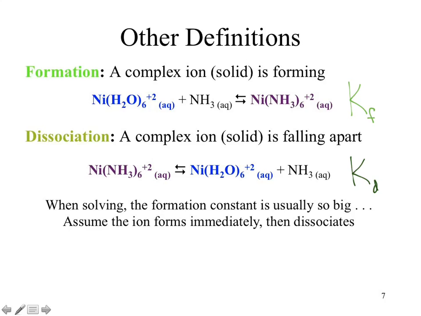Okay? Why is this important? When you look up equilibrium constants for complex ions, which one do they give you? They give you the formation, not the dissociation, which is a bit odd because all of our calculations involve the dissociation one.